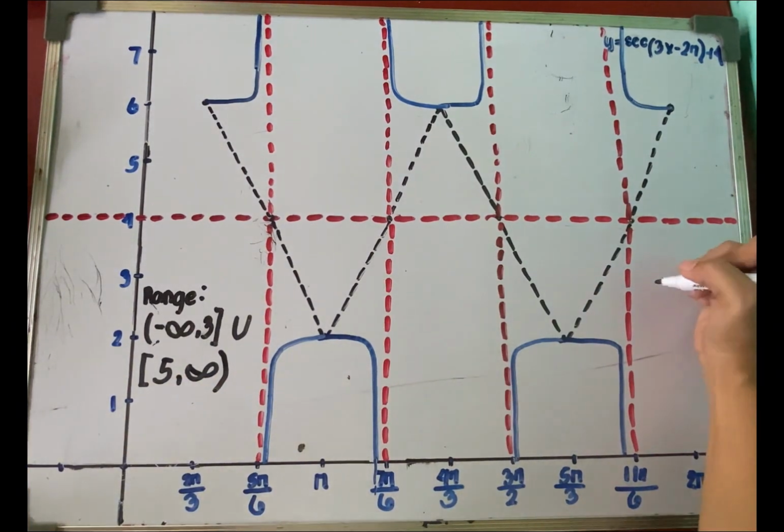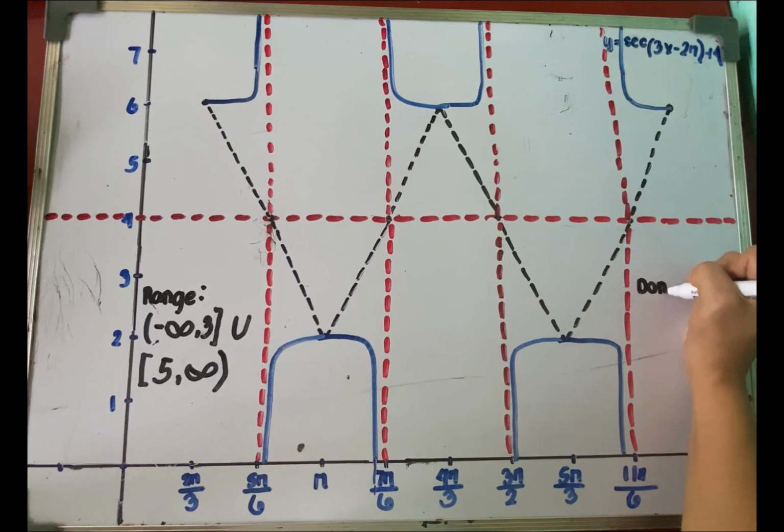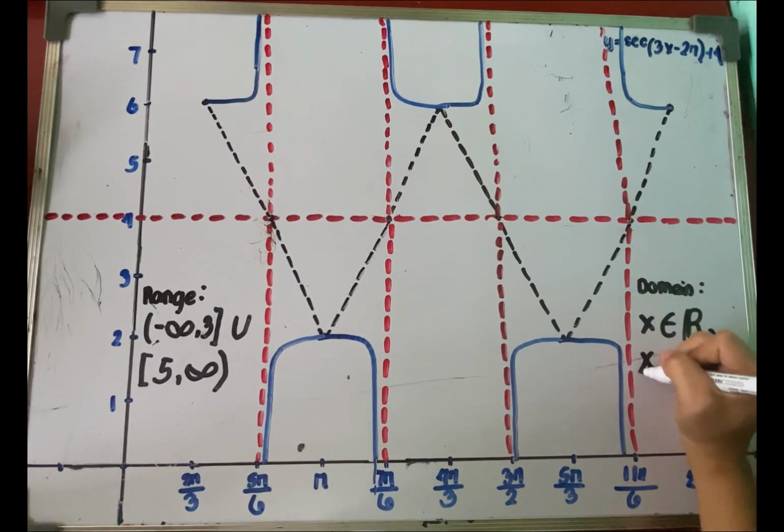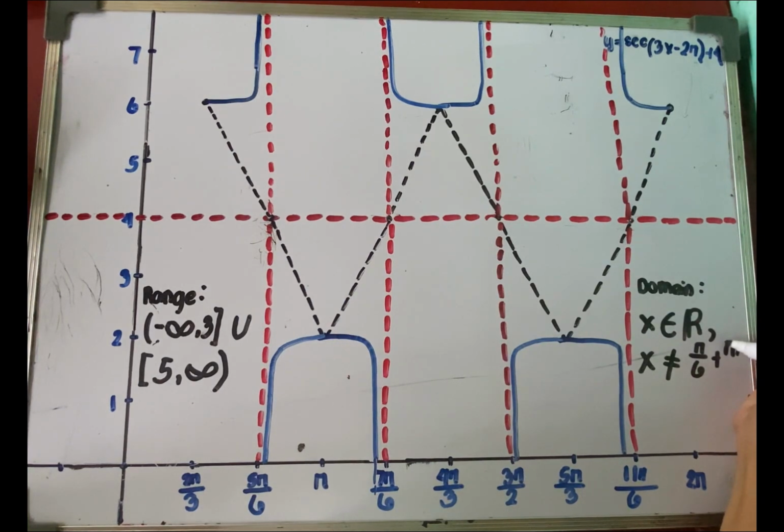And our domain is x, element of real numbers, where x is not equal to pi over 6 plus n pi over 3. And that's it for our domain.